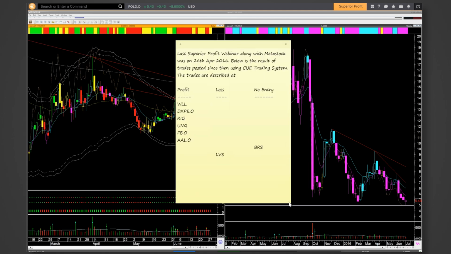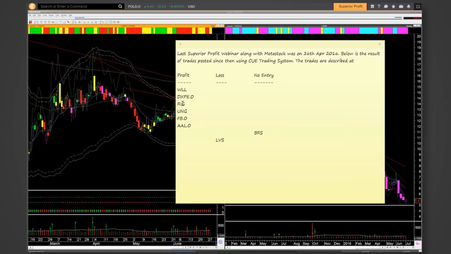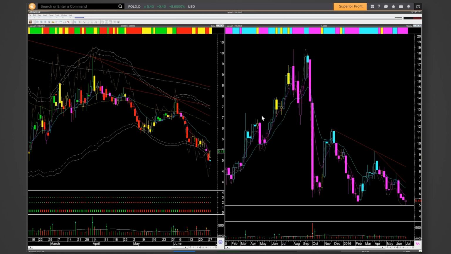Because if we look at the trade ideas shared in the traders community, out of the last 1, 2, 3, 4, 5, only one made a loss, LVS. So that's quite a good hit ratio. We chanced upon Fold. We used it to explain relative performance headwind, and we did have a proper headwind setup here.